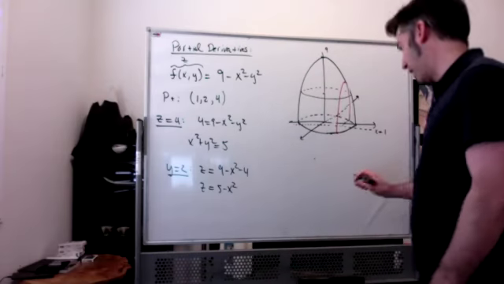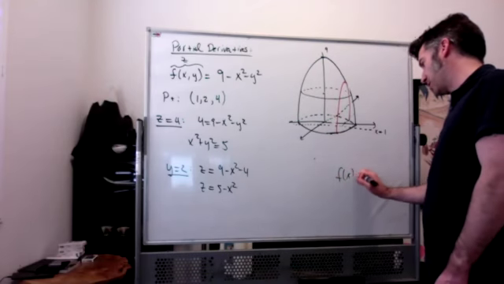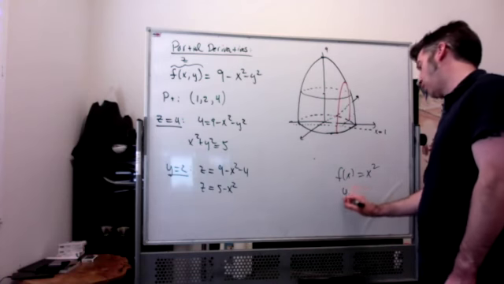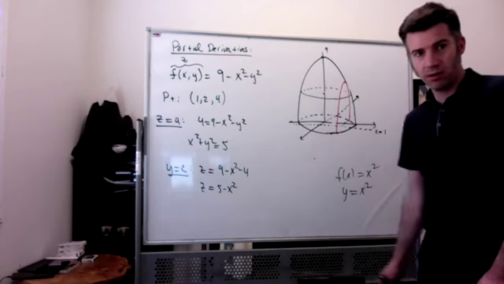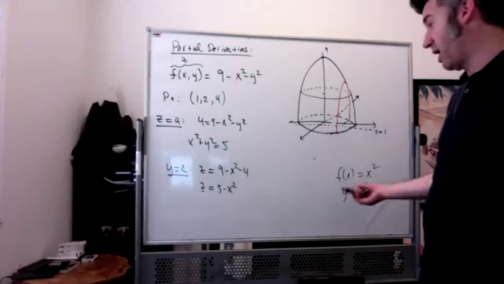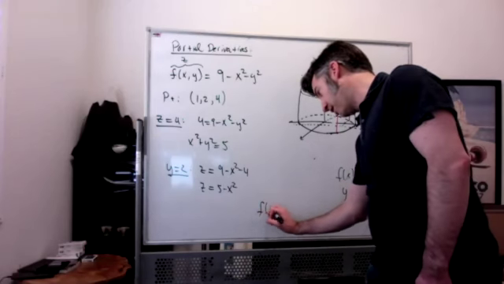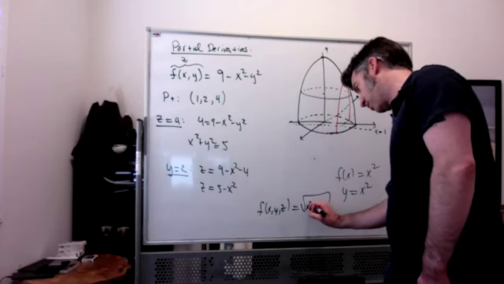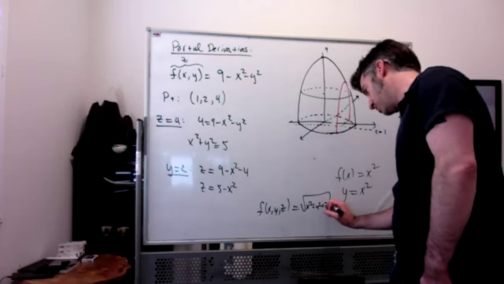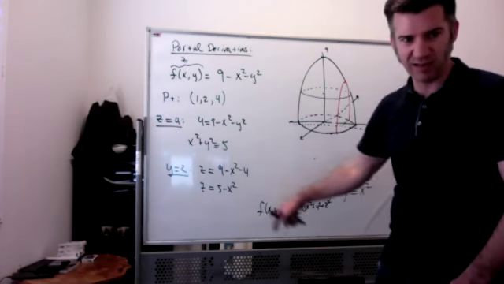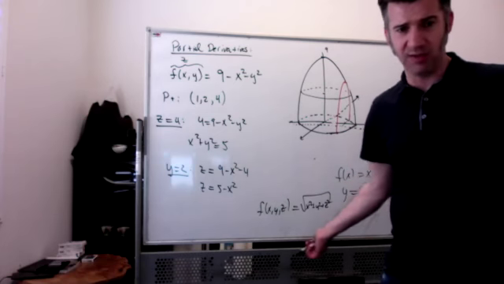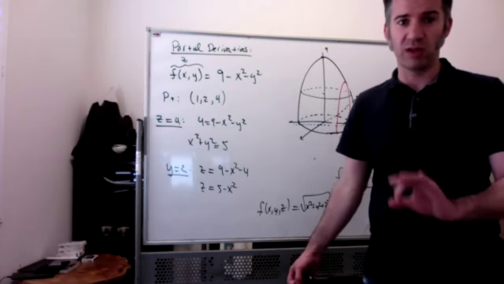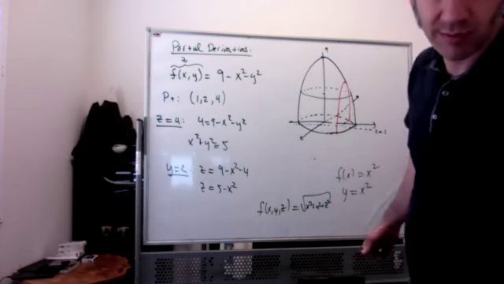Just like if I wrote f of x equals x squared, we make the default choice that it's y equals x squared. But if you had a function f of x, y, z equal to the square root of x squared plus y squared plus z squared, we wouldn't say it was z equal to that. It only really works if it's a function of x and y. Okay, got you. Thank you.